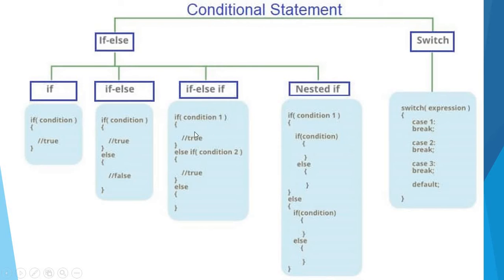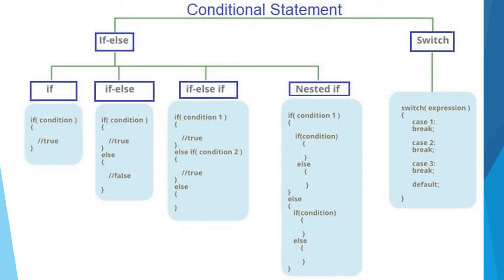So the if condition will execute only when the condition is true. If it is not satisfying this condition, then ultimately it will go for the else, and whether it's satisfying or not, it will bring that false part.